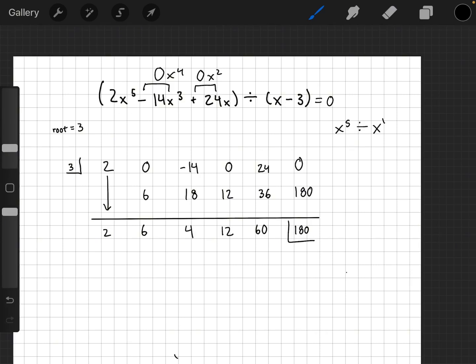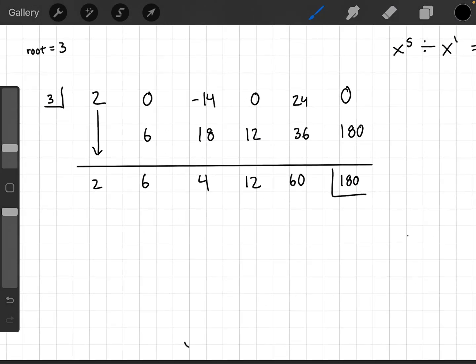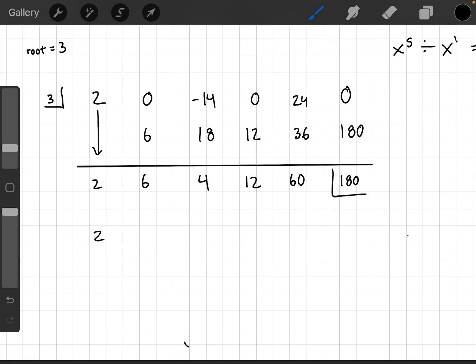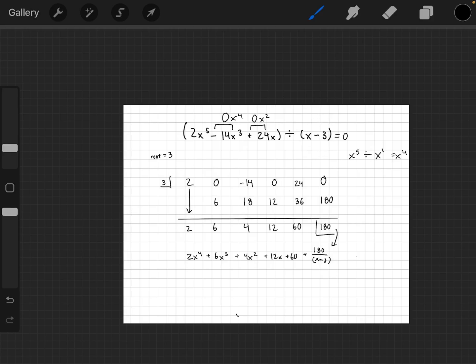So we'll be left with x to the power of 4 as our highest degree. So we'll take all these coefficients here that we found and move it in that order. So we have 2x to the power of 4 plus 6x to the power of 3 plus 4x to the power of 2 plus 12x plus 60 plus this remainder, 180 over x minus 3, because that's what we were originally dividing by.